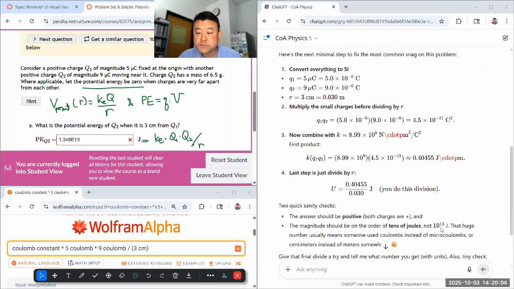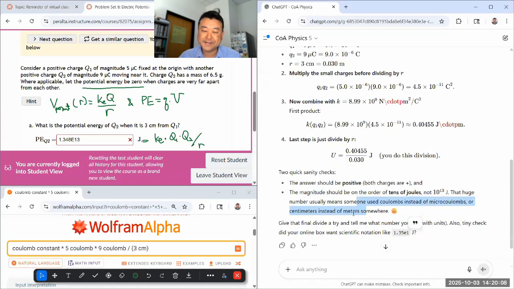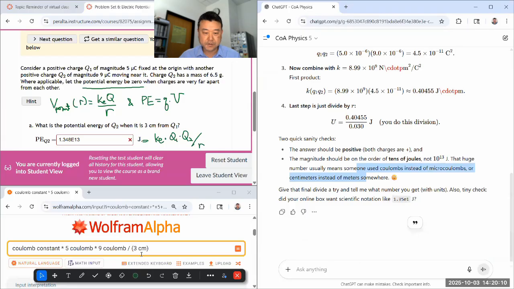Magnitude on the tens of joules, not that. Yeah, that huge number means, yeah. Oh, I missed the micro part of the microcoulomb. So let's put that in. Then it should be correct.